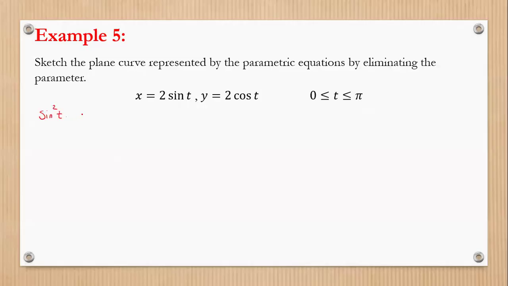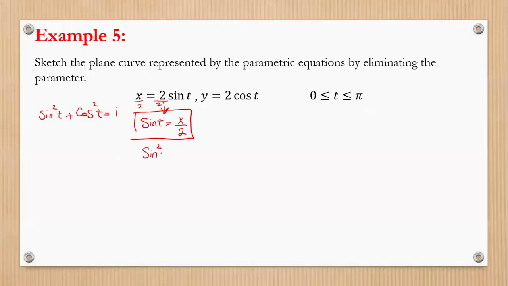So I just need to find sine and cosine from each of these equations and then square them and replace them into this identity. If I want to isolate the sine from this equation, I just need to divide both sides by 2. So the sine of t is equal to x over 2. I need to square it.